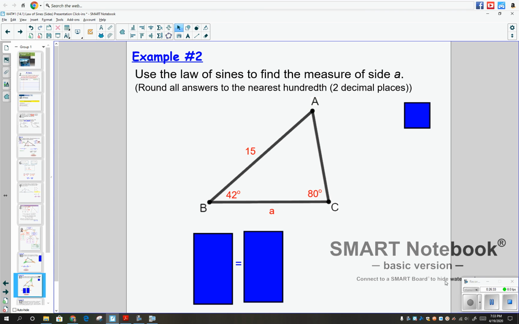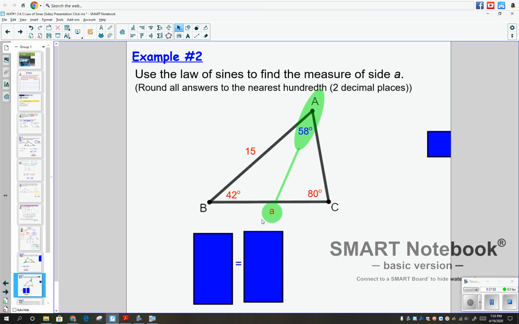I want to find side A. So therefore, one of my opposite pairs has to involve side A and the angle A. Well, I told you it's 58. How did I get that? Well, the 3 angles of a triangle have to add up to 180 degrees. 180 minus 42 minus 80, angle A is 58 degrees.